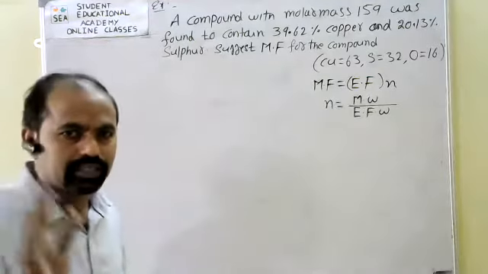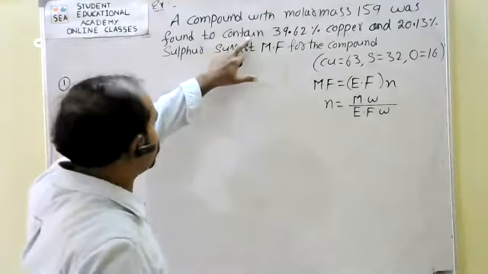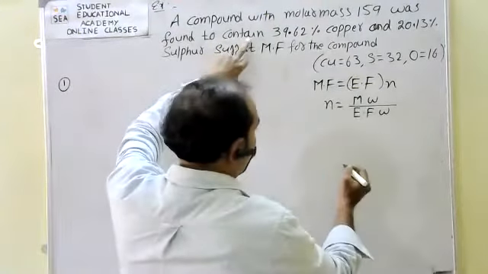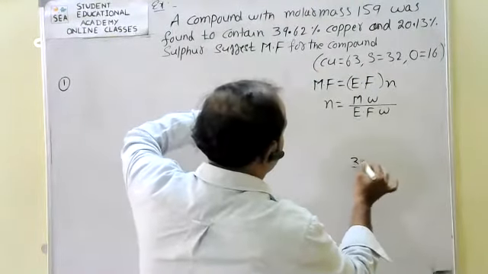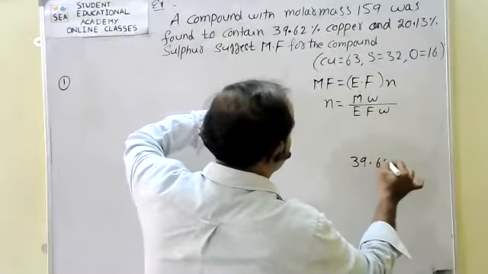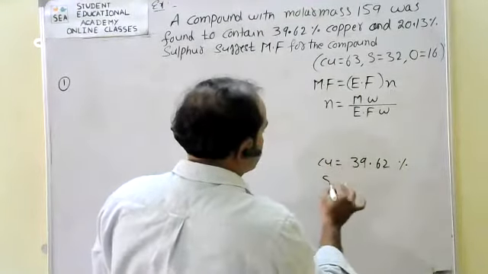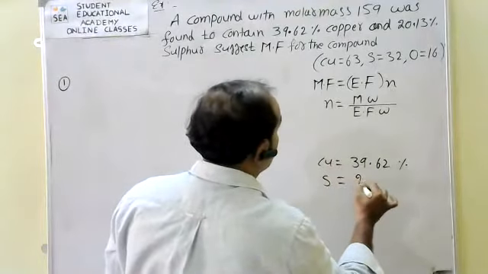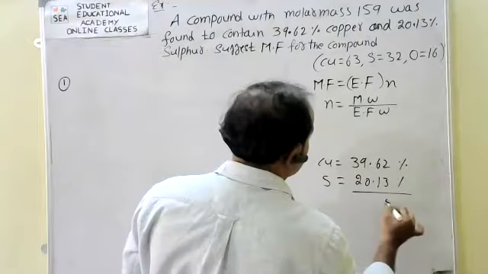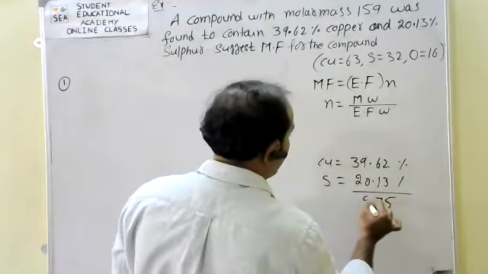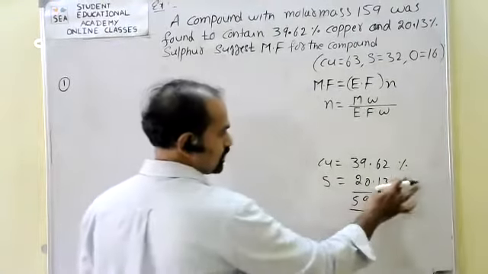Okay, here, step 1: see what the total percentage is. They have given copper 39.62% and sulfur 20.13%. The total is 59.75 only.